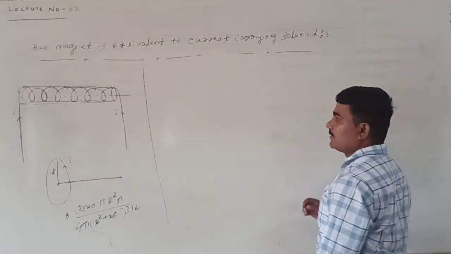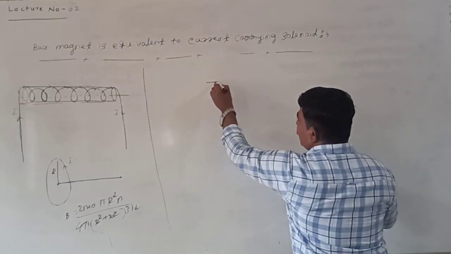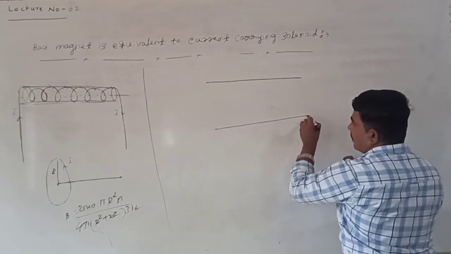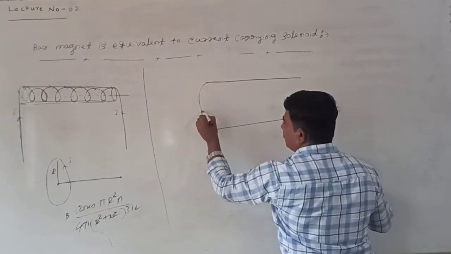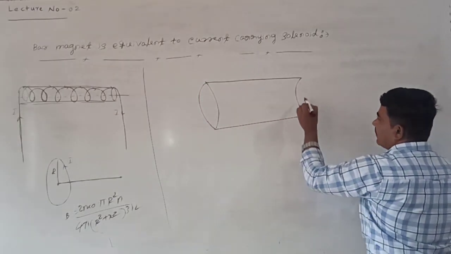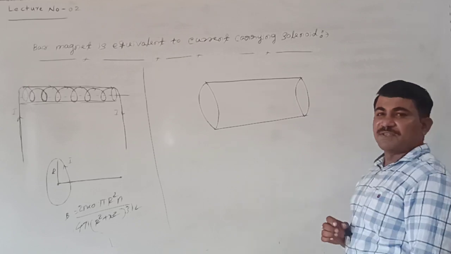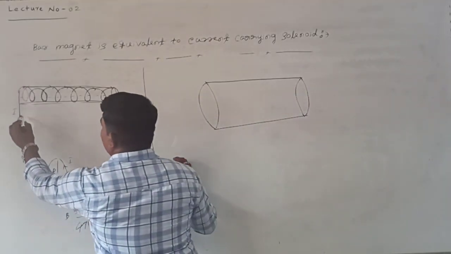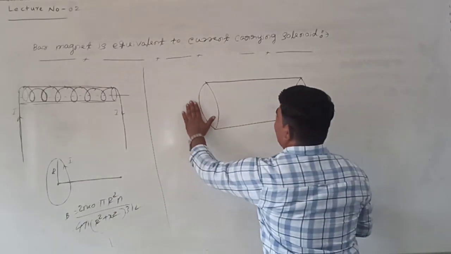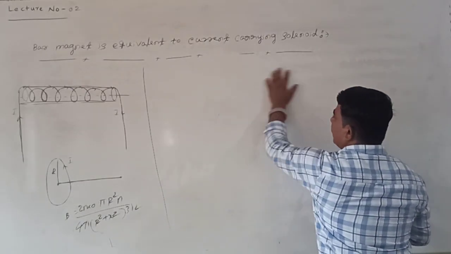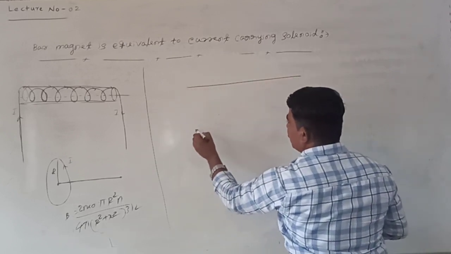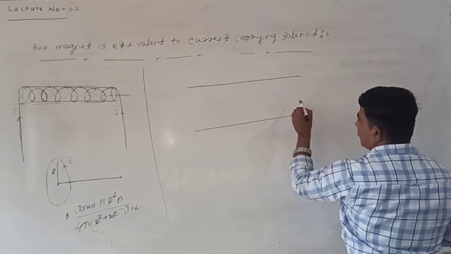This is nothing but a cross section of a current carrying solenoid. Are you following me? This shape must look like this. This is nothing but the solenoid. This is nothing but a cross section of the solenoid. Are you following me?